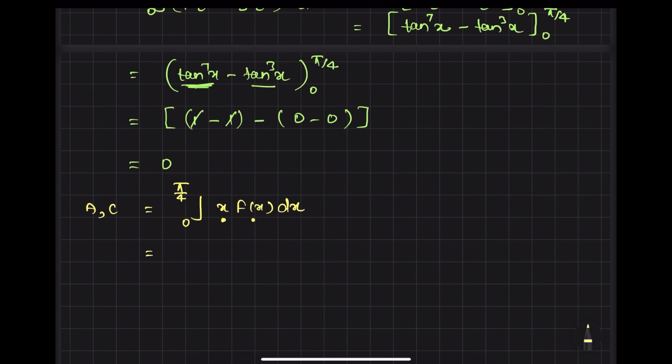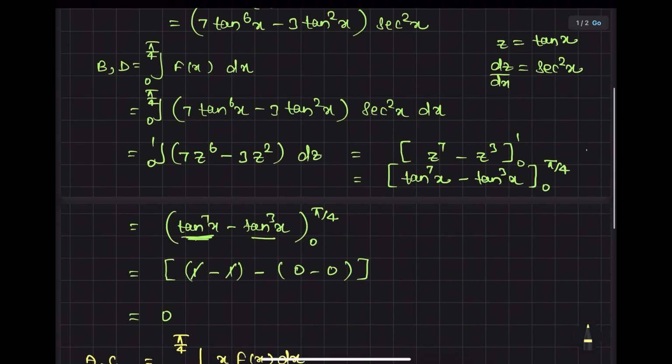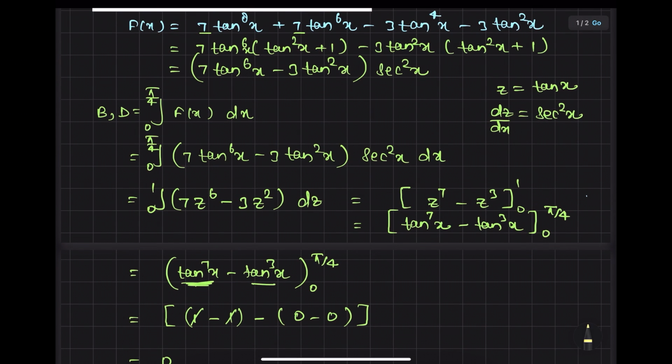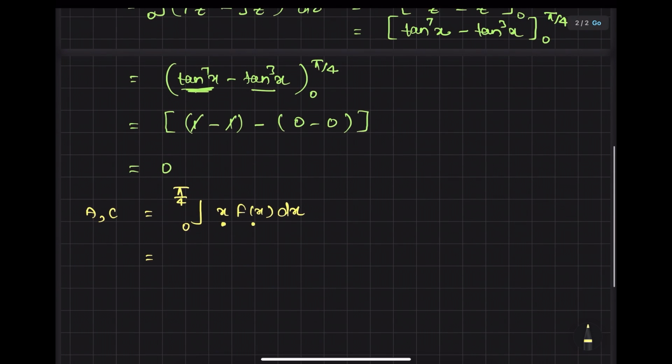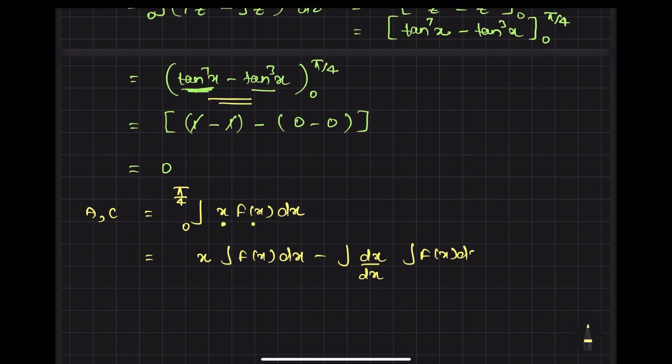But you also know that the function whose integration is easy, we imagine as the second function. Recently you have calculated the integration of f of x, and you have the result as well, so you can utilize it. So we will imagine f of x as the second function. So first function, integration of second function, minus whole integration of differentiation of first function, integration of second function f of x dx. First this function will be integrated, then it will come over here.